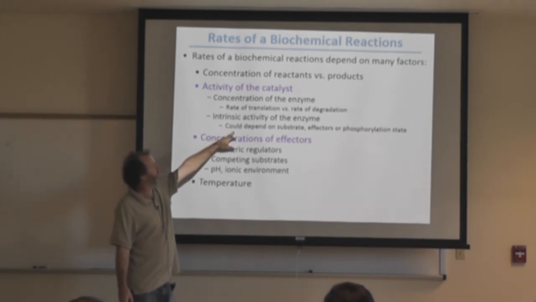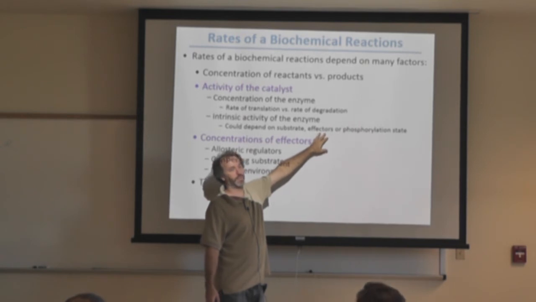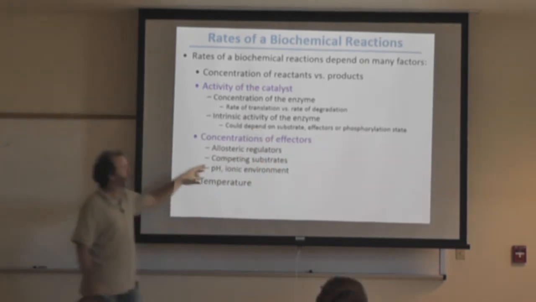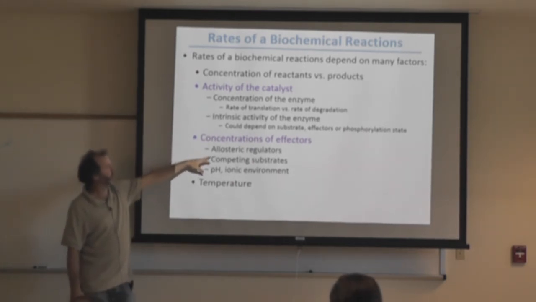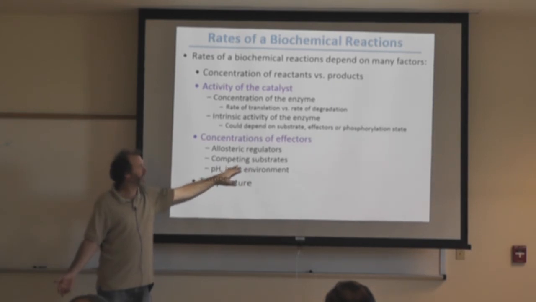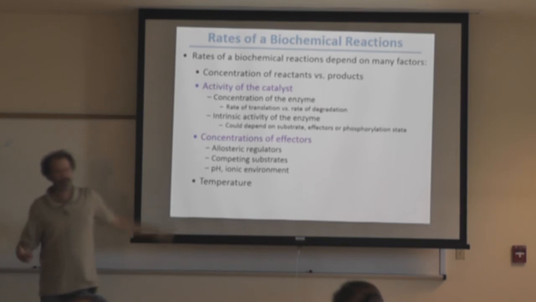Intrinsic activity of the enzyme could depend on substrates and effectors and phosphorylation. Allosteric regulation is going to affect this rate too. Concentration of effectors, so allosteric regulators affect that, competing substrates, and then pH and ionic environment are going to affect that, and the temperature, of course.